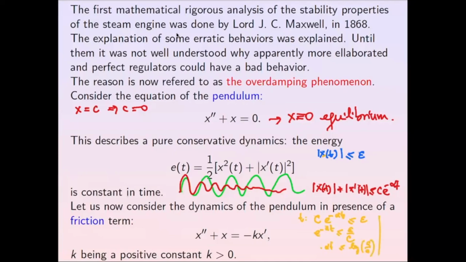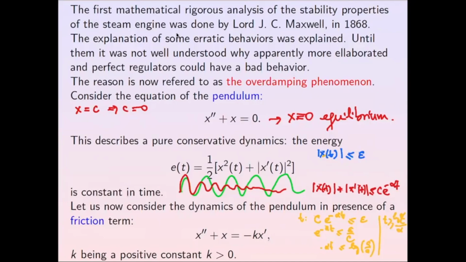And this is just the same as saying that t is greater than the absolute value of the log of epsilon over c divided by alpha. Okay, so with such an exponential stabilization property, asymptotic stabilization property, you can always show that you have nearly achieved the equilibrium x equals 0 in a finite time, provided the time is long enough depending on epsilon, right?